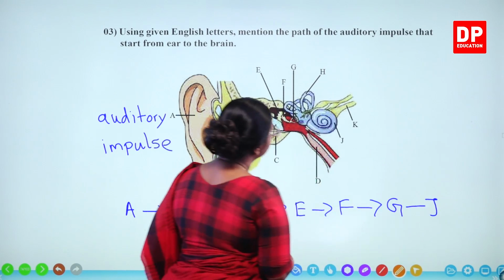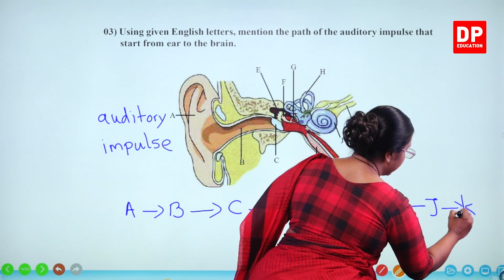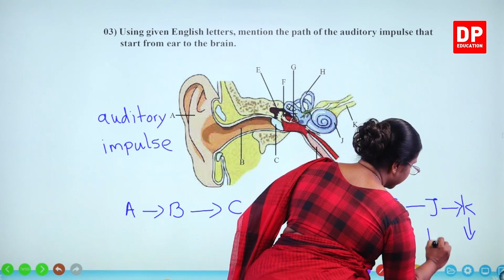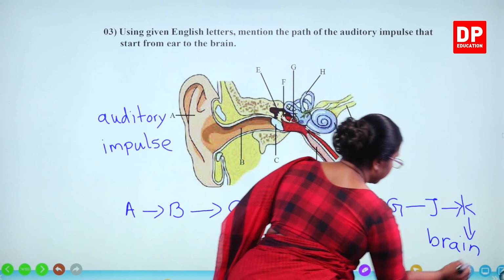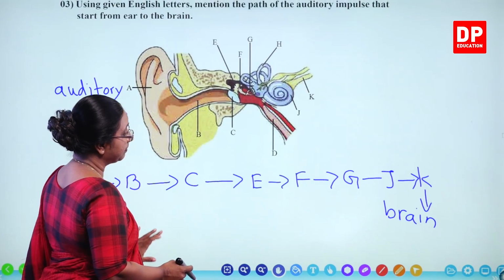It is transmitted to J, and from there it is given to K, and from there it reaches the brain. So is that okay, students? Were you all able to write the path?